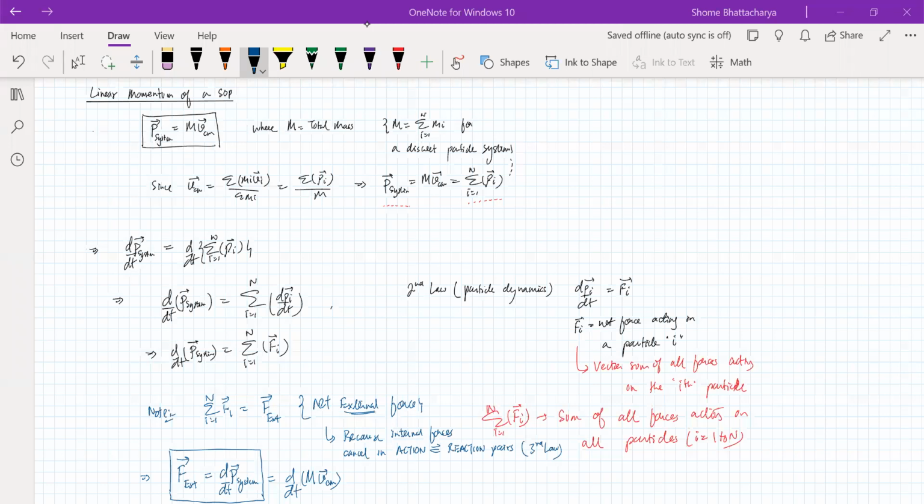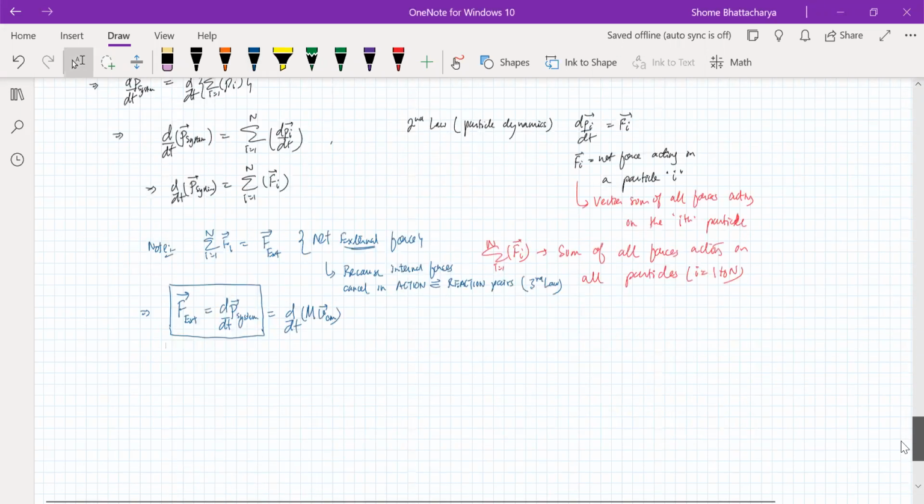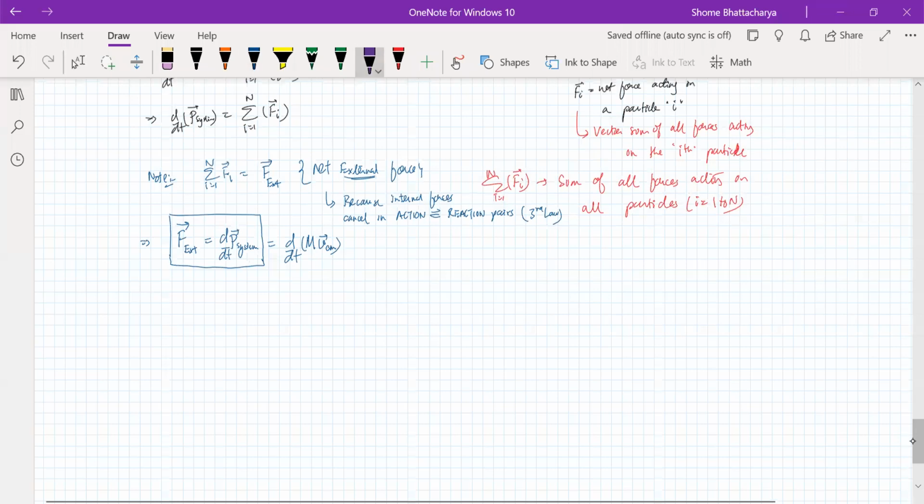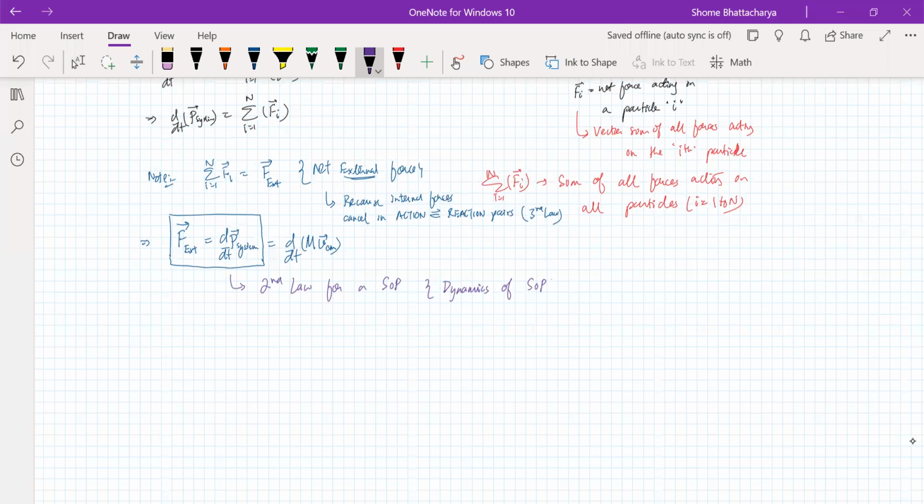Okay, so let's now understand this. First of all, this equation represents Newton's second law for a system of particles, or dynamics of a system of particles.